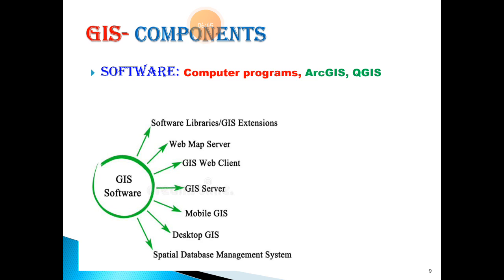The softwares like GIS library, map server, web GIS, mobile GIS, desktop GIS, management of data using DBMS GIS, that is database management system GIS, etc. Of all the softwares, ArcGIS and QGIS are considered to be the leaders of the softwares in GIS. These tools are used to input, manipulate, and access the data of the earth.